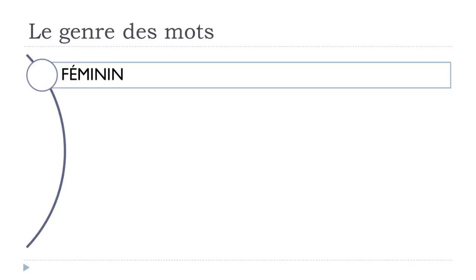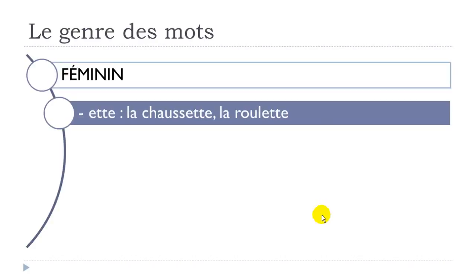Okay? So let's see a few more, still for the feminine form. When you have a word ending with double T, ette, for instance, la chaussette, la roulette, they will be feminine.